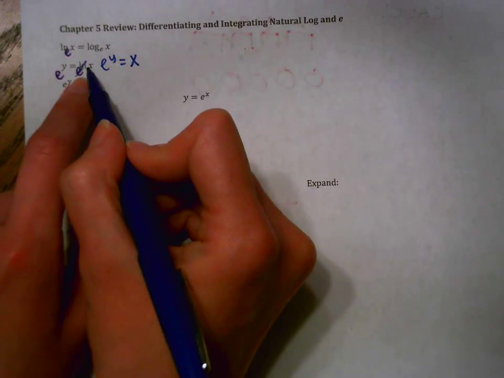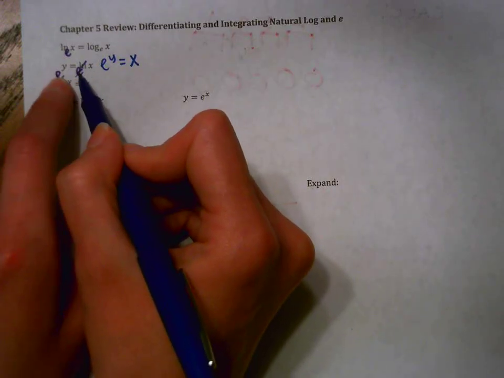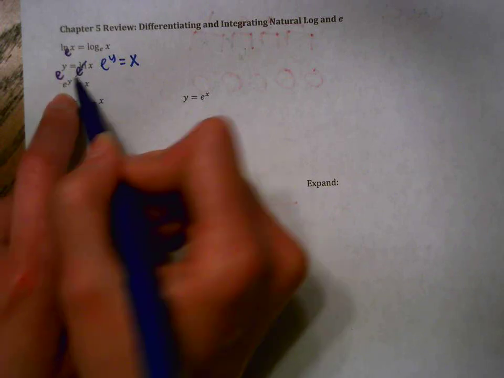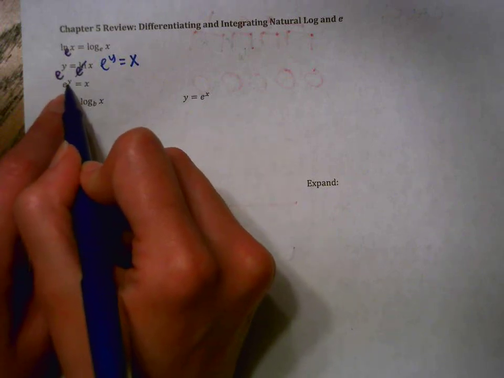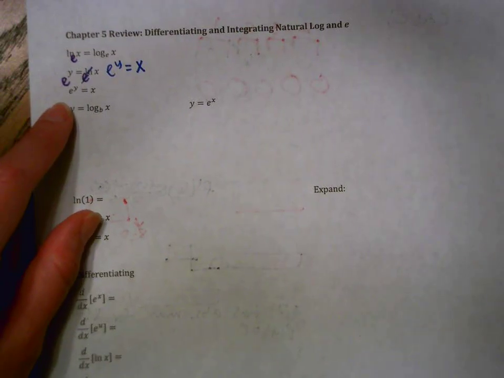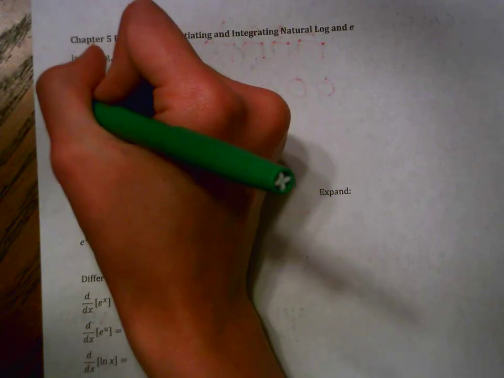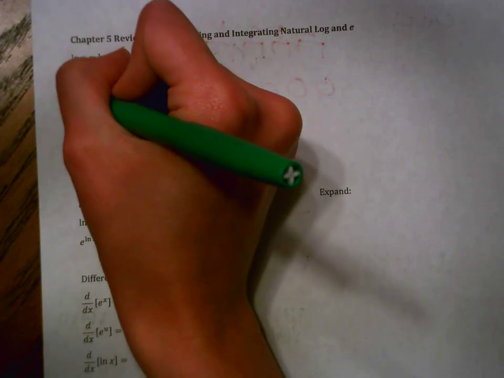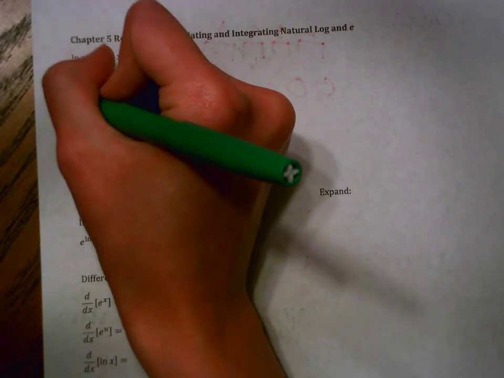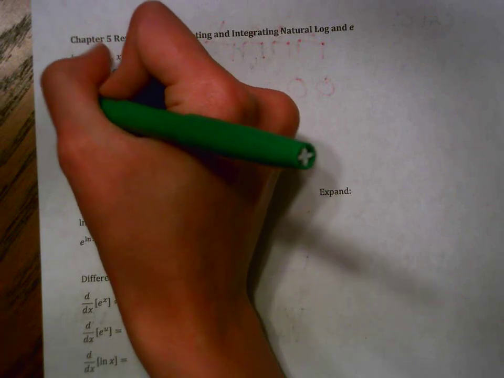If you're solving for the variable that's inside the log, you raise it to that base to cancel it out. If you're solving for the variable that's in the exponent, then we would take the log. If we're solving for y in this case, because it's the exponent for base e, then we would take natural log, that's the same base.